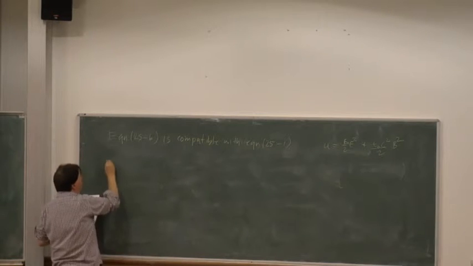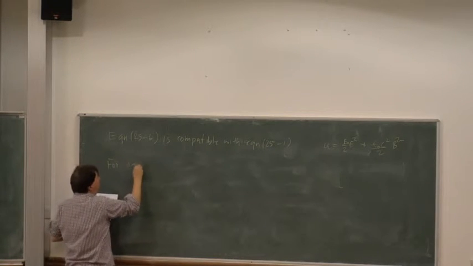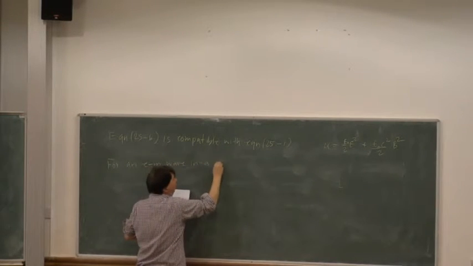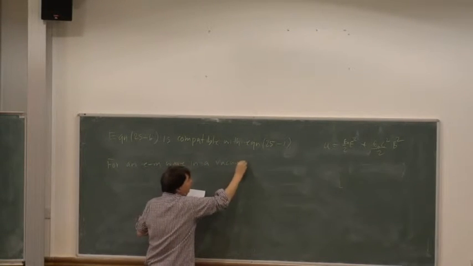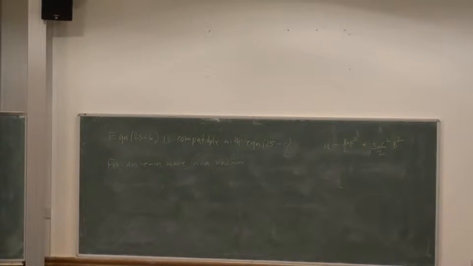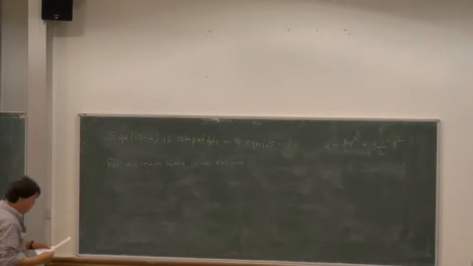So for an EM wave in a vacuum, and I should stress this only applies to a vacuum, we know from our work on refractive indices that light slows down in other media, but let's stick with the vacuum so that we can use our c.